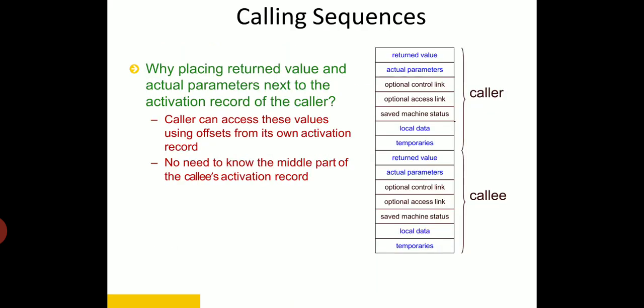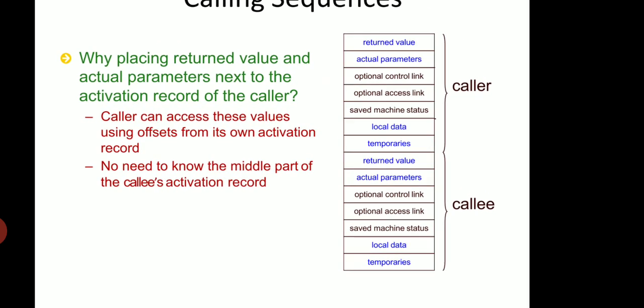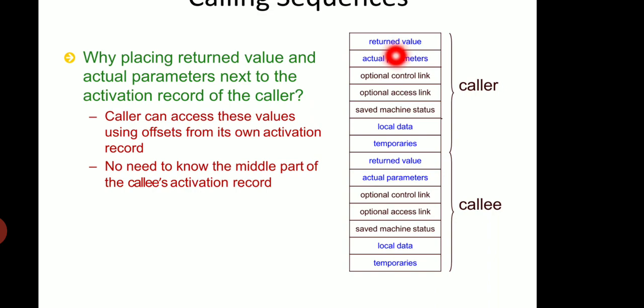In detail, we can see a diagram here. The activation records of caller and callee: if we consider the main function and the add function, and main is invoking add, main is the caller function and add is the callee function. It has first shown the activation record of main, then the activation record of the add function. The caller and callee are put next to each other.